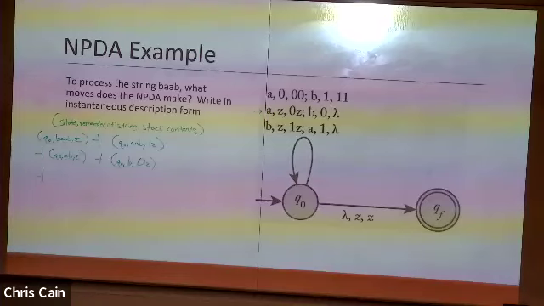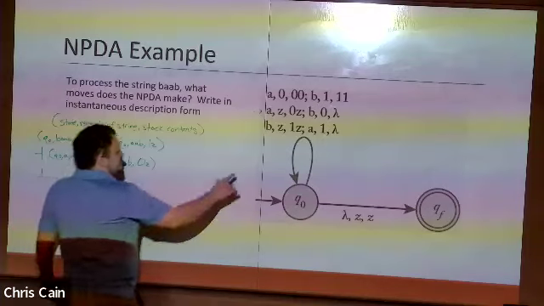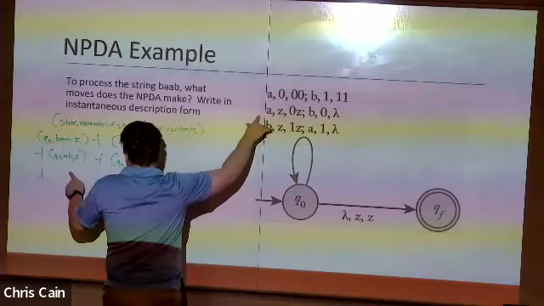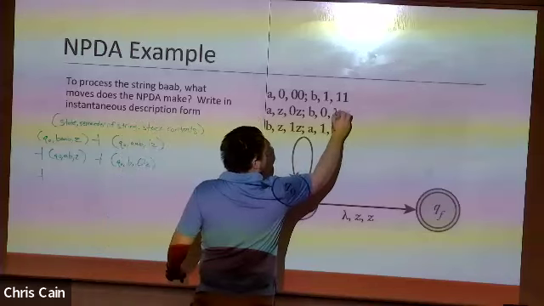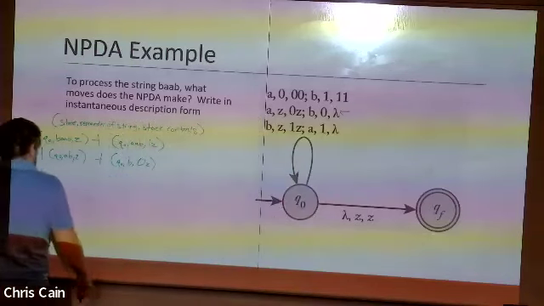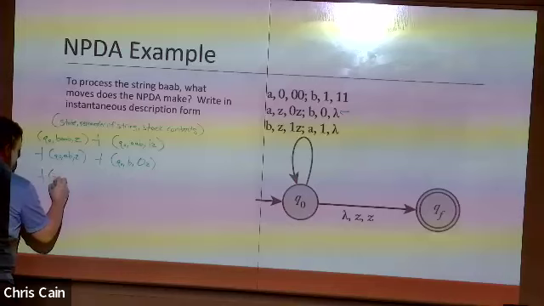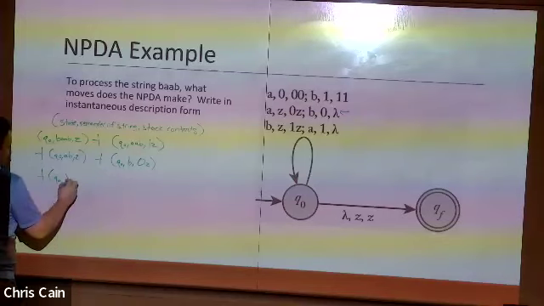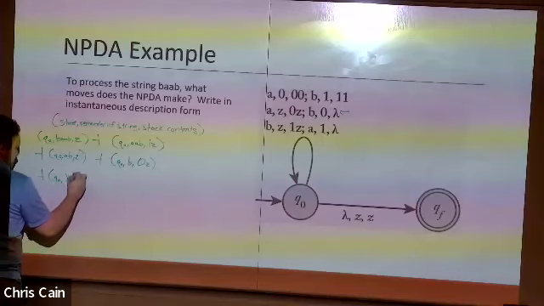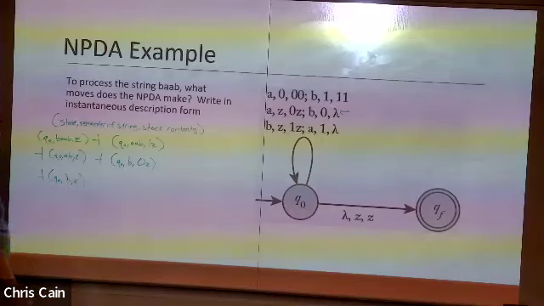So what happens next? We're going to read the B. What do we do? Second, on the opposite side. Now we have a 0 on top of the stack, so we're going to do this one. We stay in Q0. We have nothing left to read, and we have the bottom of stack symbol.